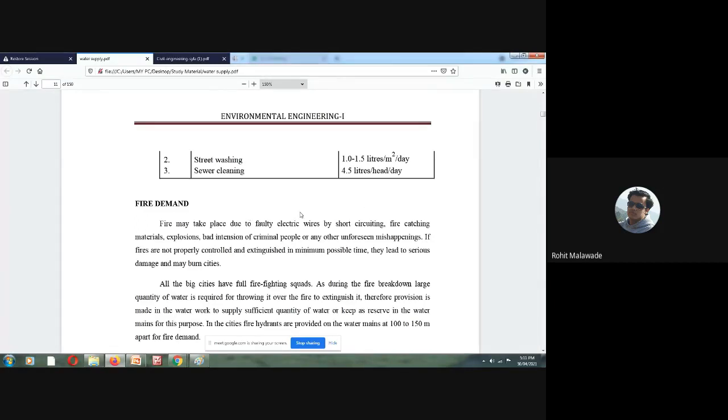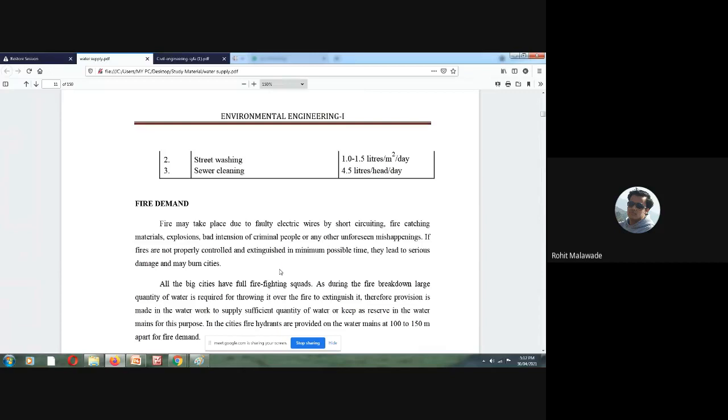If we want water for the fire demand, or to extinguish fire, we require a huge quantity of water, because we don't know the intensity of that particular fire. The larger the intensity, the larger the quantity of water that may be required to fight such fire accidents.